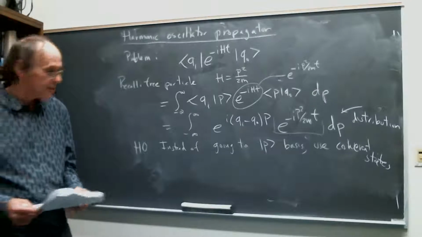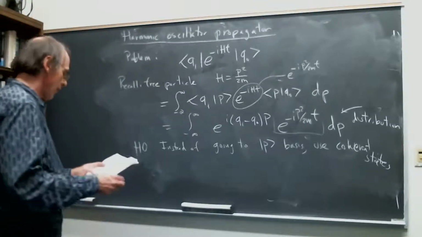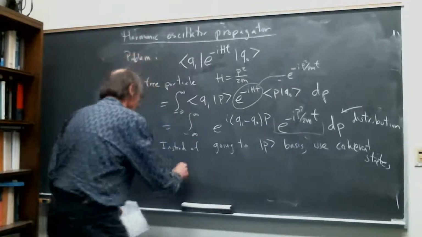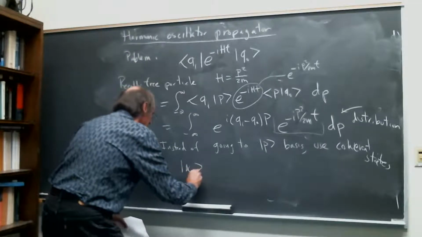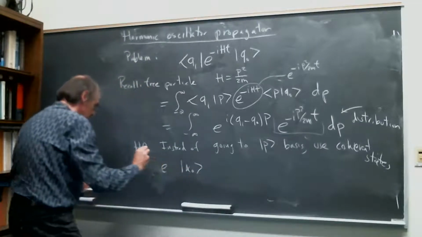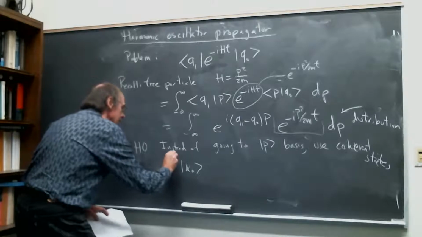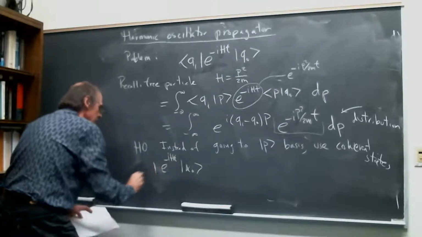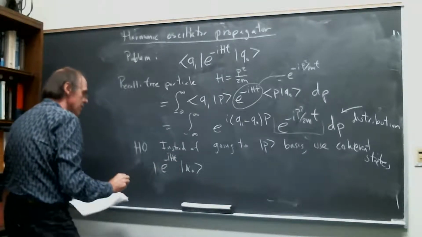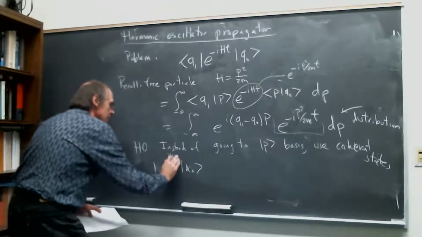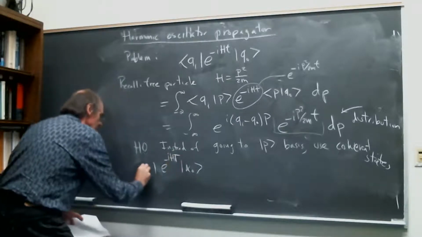And then what you find is that for coherent states, if you start out at a certain coherent state and then you evolve by Ht, you end up at some other coherent state, let's call this big T for time, alpha t.